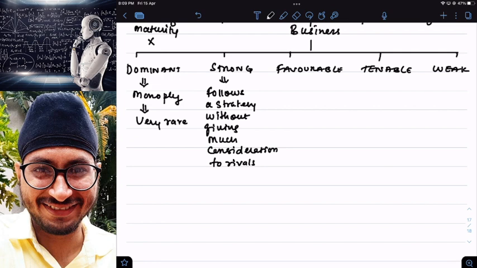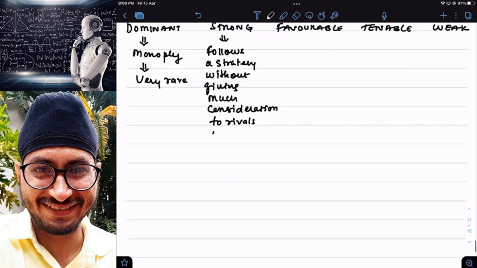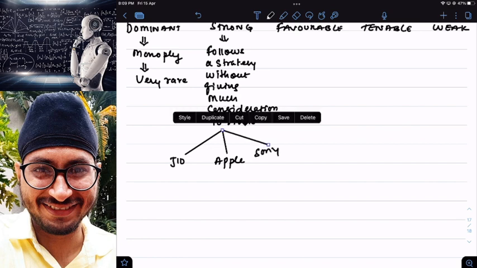I will prepare my strategy without taking into consideration what my competitors are doing. For example, in the telecom industry, Jio is an example of a strong company. In the mobile phone industry, Apple. And in music systems, Sony. These are big companies who are least bothered about their competitors. They take their own decisions.